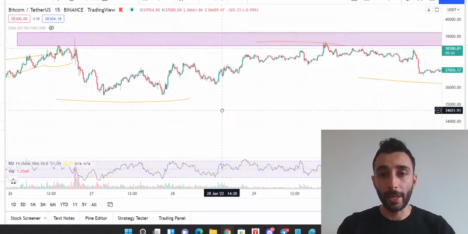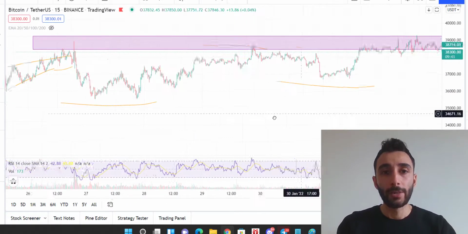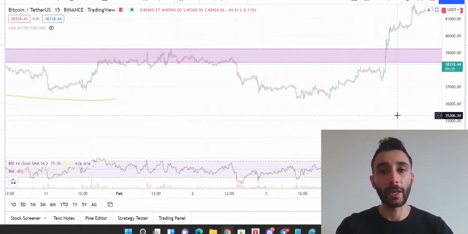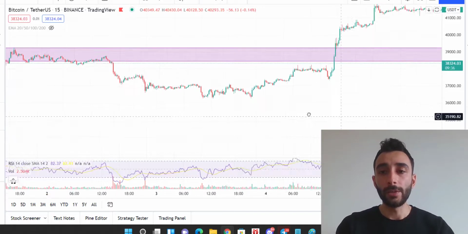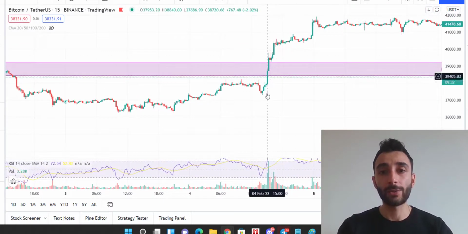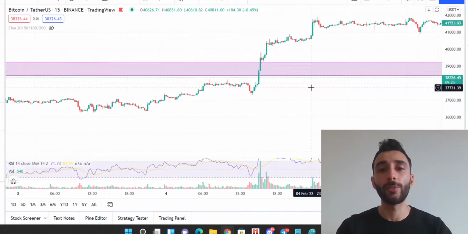So guys, coming back, the difference between this and that is that we made a fake out right here, but on this one we didn't make any fake out. We have two indicators. First, we have a strong volume breaking the resistance, and we have a retest on a very small time frame.